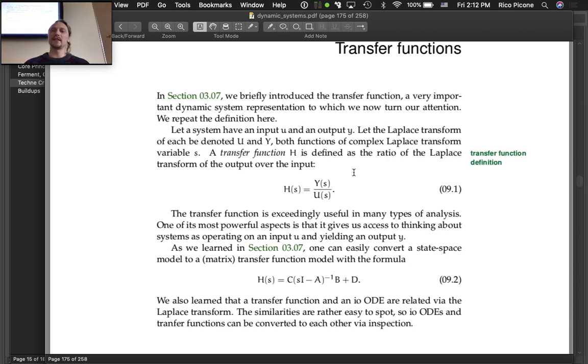The transfer function is exceedingly useful in many types of analysis. One of its most powerful aspects is that it gives us a way of thinking about systems as operating on an input and yielding an output: the input comes in, the transfer function operates on it, and it yields an output, y.